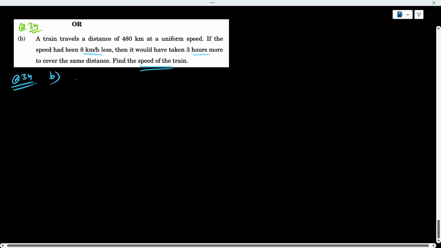So first let us start with: let the speed of the train be x kilometer per hour. Now what is the distance it has to cover here? If you see, the distance is given as 480 kilometer.